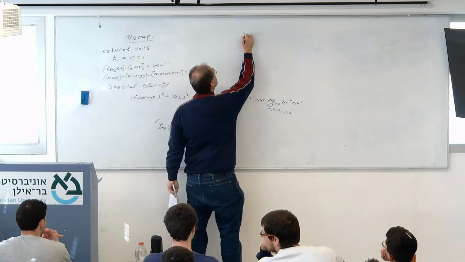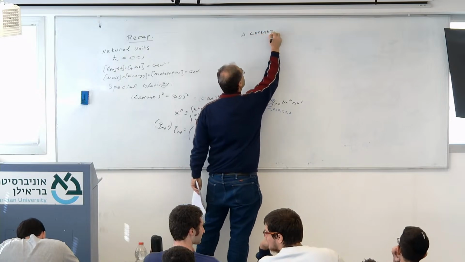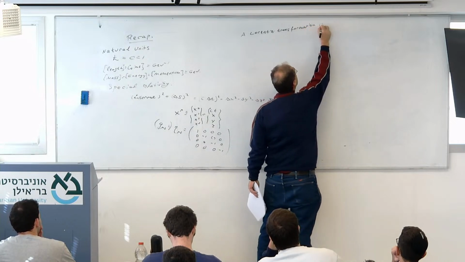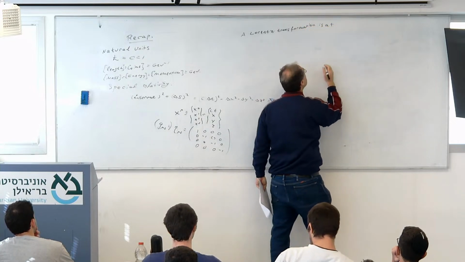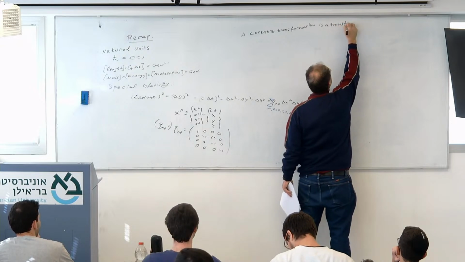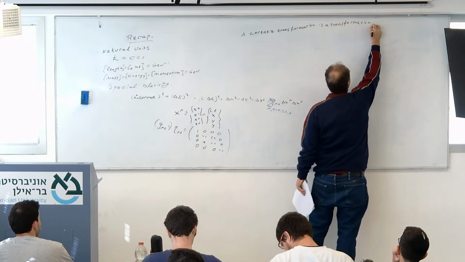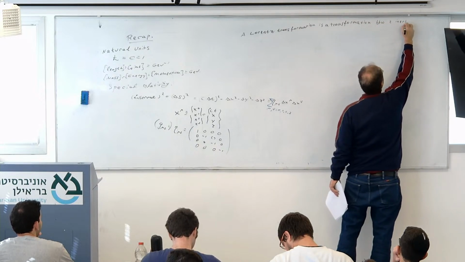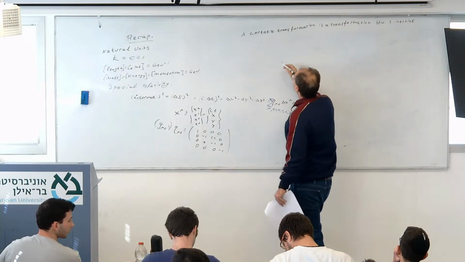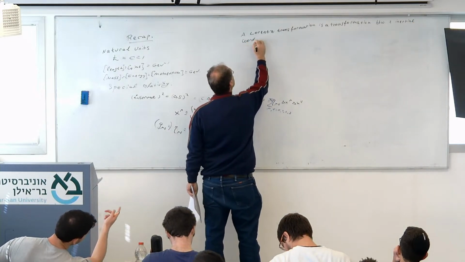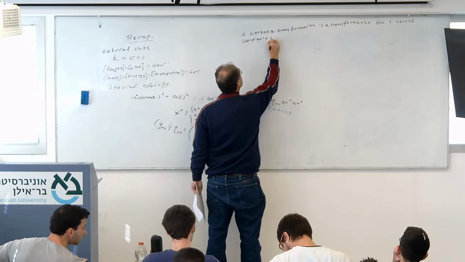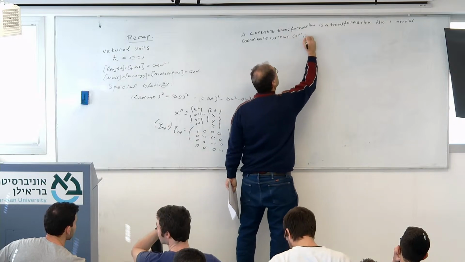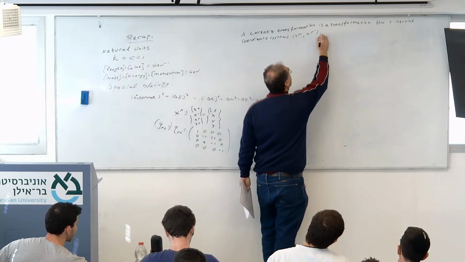A Lorentz transformation is a transformation between two inertial coordinate systems, for example x mu and x mu prime, that conserves the interval.